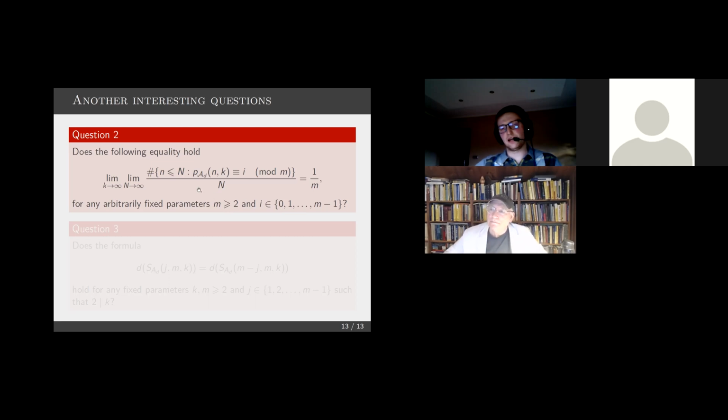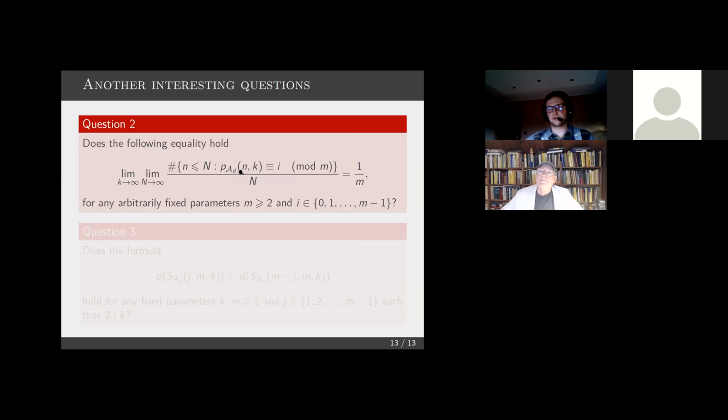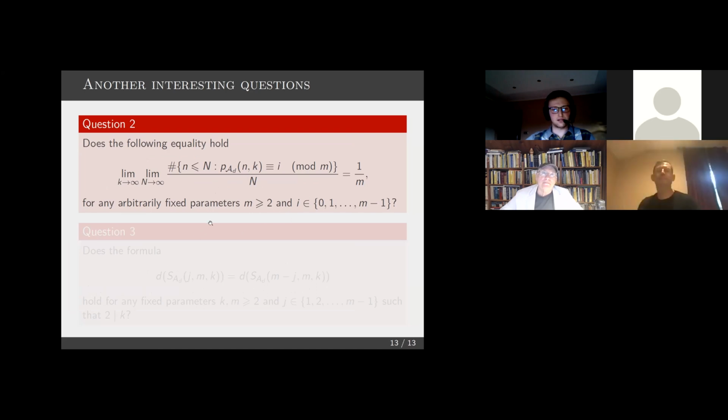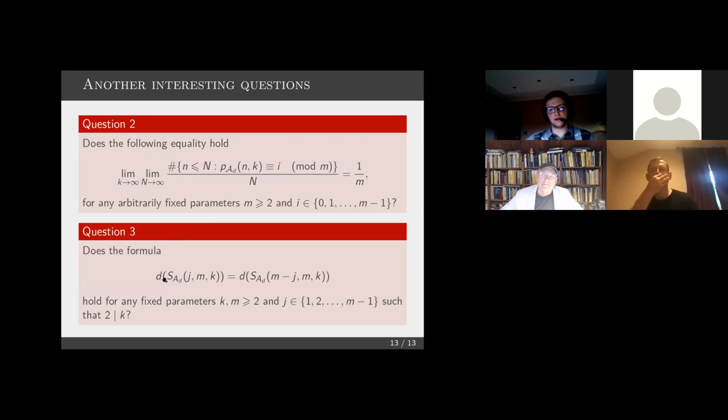This is because I have also checked the values for the other sequences, for the other powers, not only for 2 but for higher ones. And the last question: does the formula d(S_{A_D}(j, m, k)) equal d(S_{A_D}(m minus j, m, k)) hold for any fixed parameter m greater or equal than 2, and j from the following set, for even values of k?